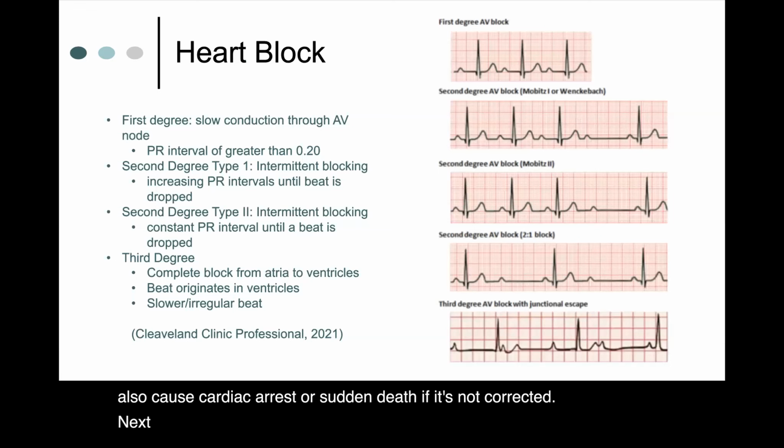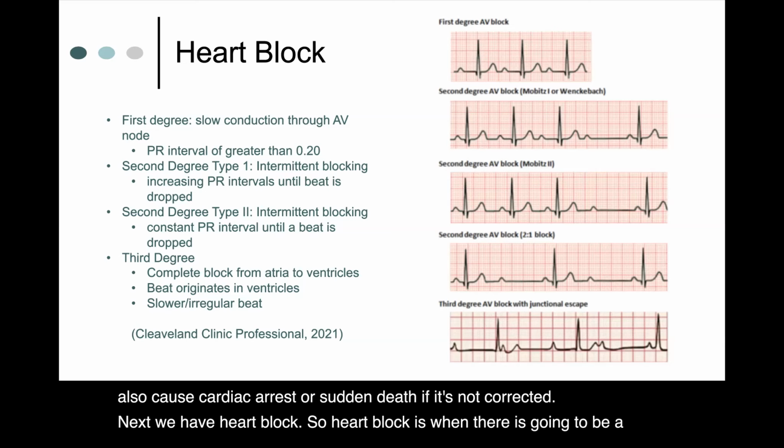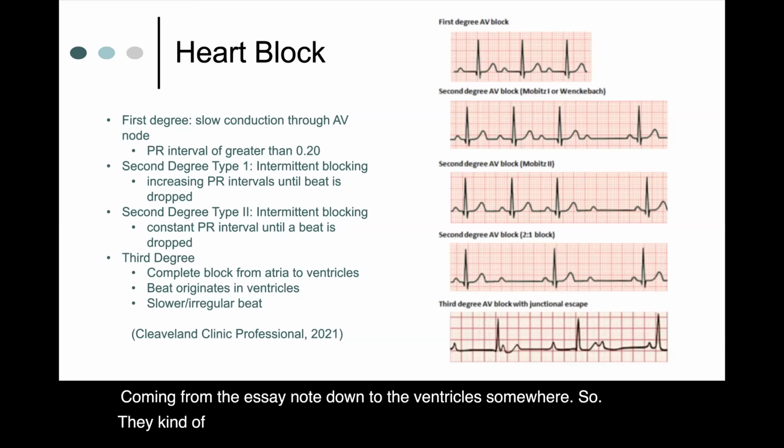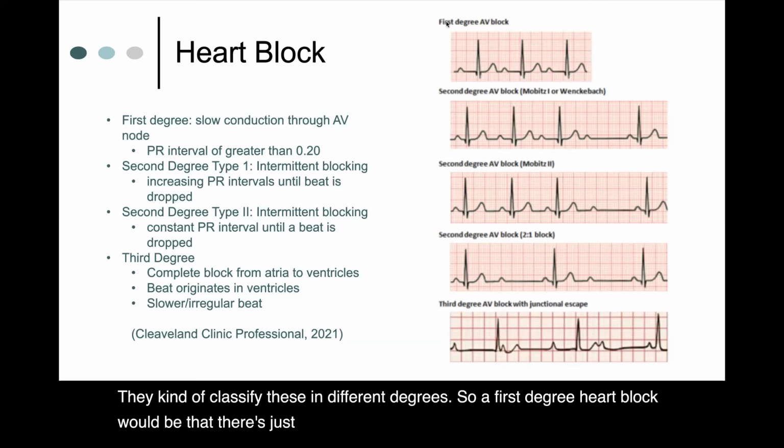Next, we have heart block. So heart block is when there's going to be a disruption coming from the SA node down to the ventricles somewhere. So they kind of classify these in different degrees. So a first degree heart block would be that there's just a slow conduction through the AV node.